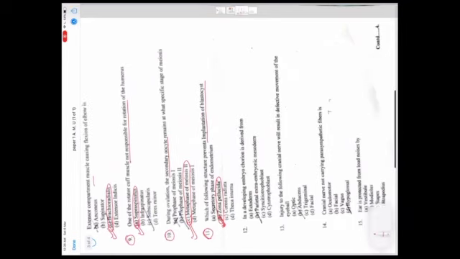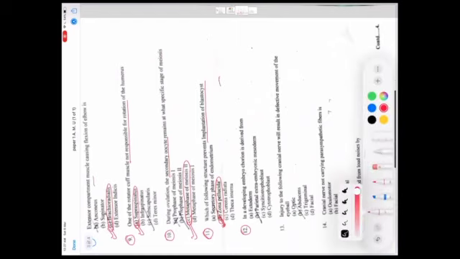Now question number 12. In a developing embryo, the chorion is derived from: ectoderm, parietal extraembryonic mesoderm, syncytiotrophoblast, cytotrophoblast. So let's have a fast revision here. We are talking about the stage when the trilaminar disc is formed.